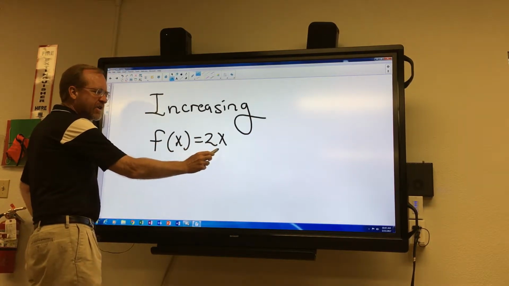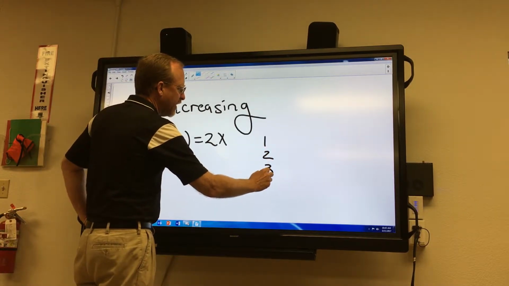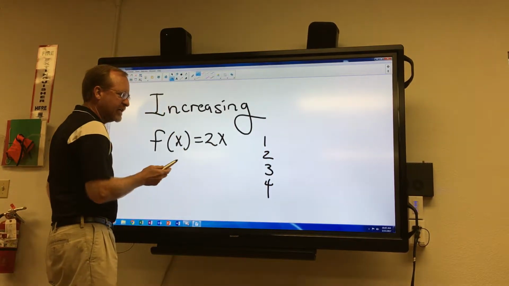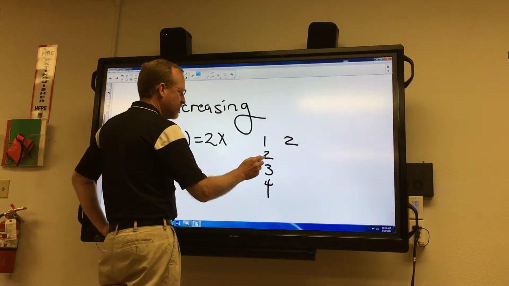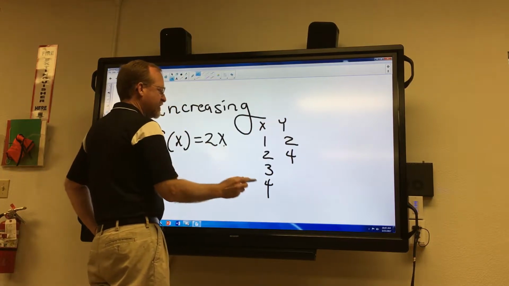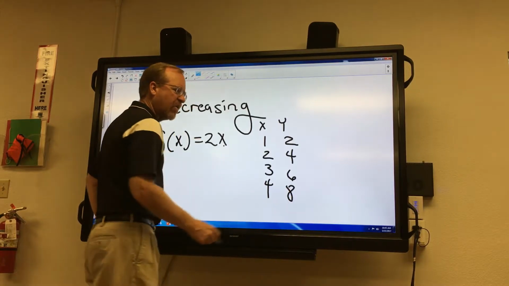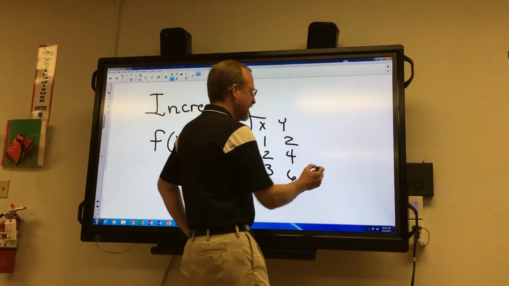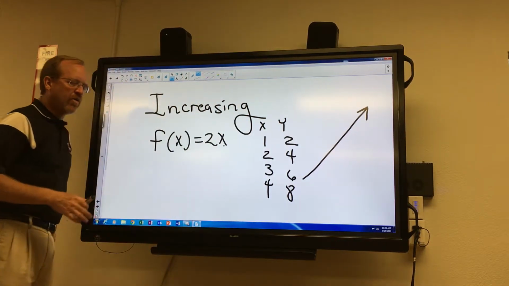As you increase the number here, 1, 2, 3, 4, y, or f of x, is going to increase. 1 times 2 is 2, 2 times 2 is 4, 3 times 2 is 6, 4 times 2 is 8, and so on. As you do this, the function is going to increase.